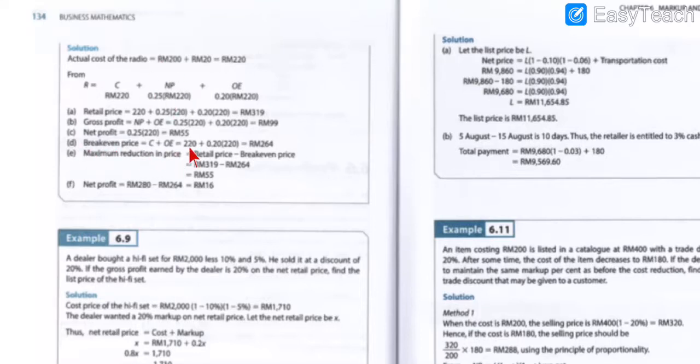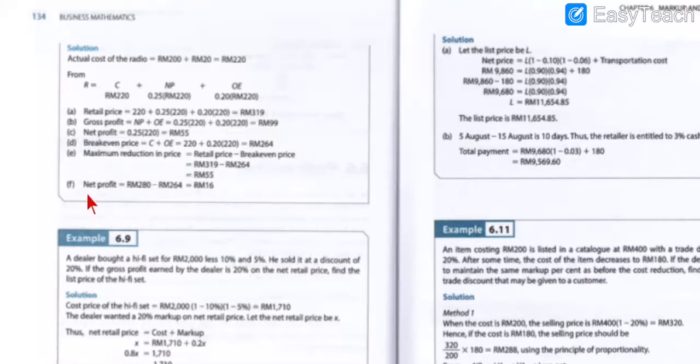Tak ada untung, tak ada rugi. Okay. Maximum reduction of price, which is the retail price minus the break-even price. Okay. So maximum markdown, maximum reduction in price so that tak ada untung, tak ada rugi. You can only give a maximum of 55 ringgit.